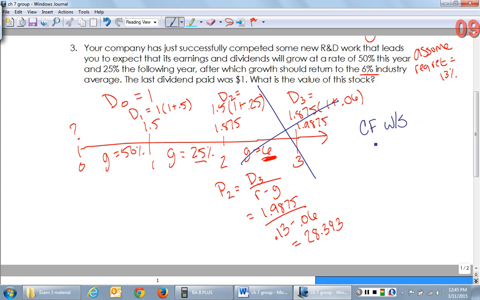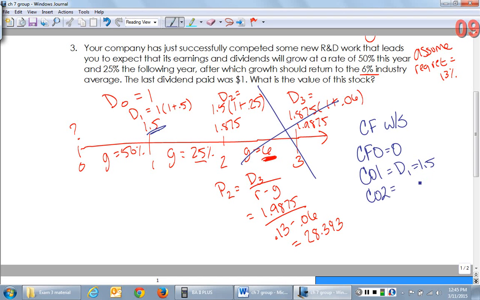So our cash flow worksheet. Cash flow at time period 0 is 0. There are no cash flows associated with time period 0. Cash flow at time period 1, there's only one payment then, and that is dividend 1, which is $1.50.